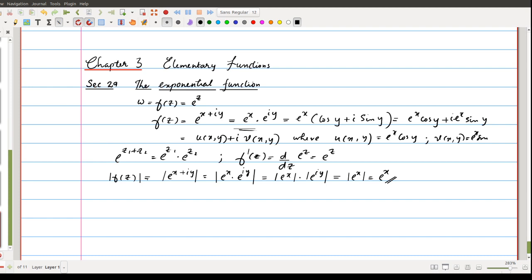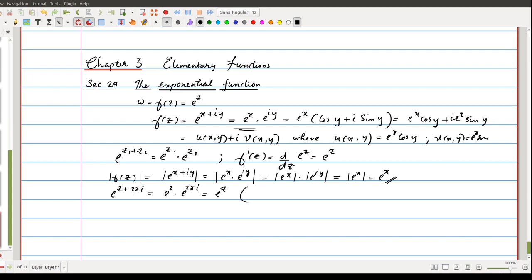And now you can write e power z plus 2 pi i as e power z times e power 2 pi i. As e power 2 pi i is 1, this will give e power z itself, which shows that if we replace this z by z plus 2 pi i, you will get the same e raised to z. What is the meaning of this statement?